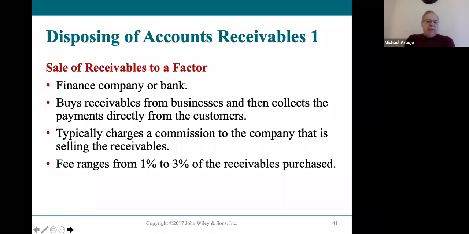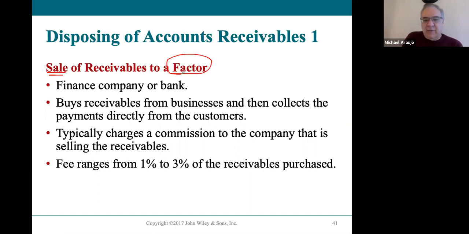One thing that receivables can be used for, again, sometimes you need the cash now, right? And so technically you can actually sell your receivables. There are companies that specialize in buying receivables at a discount. The company is called a factor.